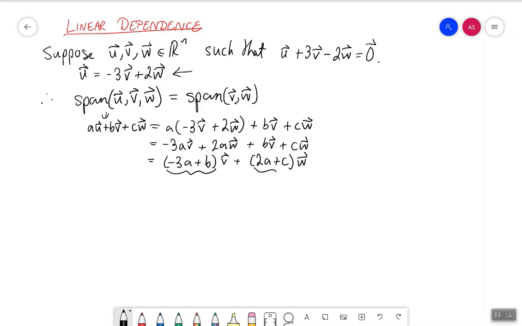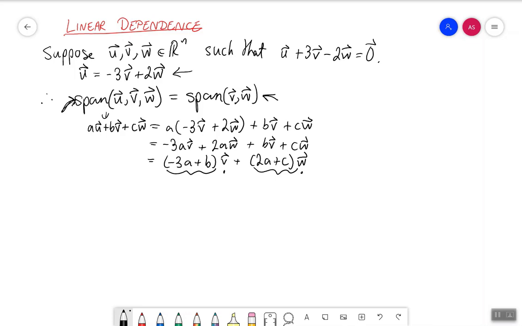These coefficients are still scalars. And so I can write everybody that's in here as a linear combination of the vectors v and w. In other words, everybody in here is also in here. So therefore u is redundant. These two sets have to be equal.